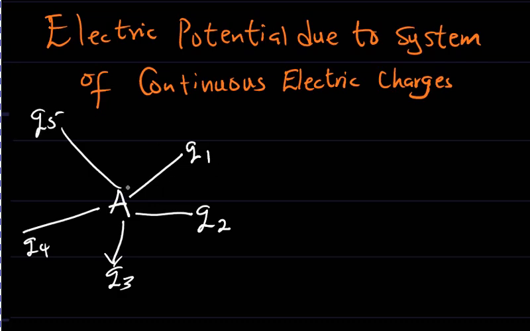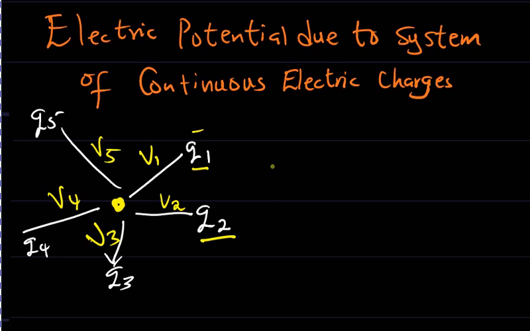So five charges. The work done is going to be done for each of them, Q1, Q2, Q3, Q4, all of the charges. So the electric potential at this particular point is going to be the algebraic sum of the potential due to Q1, which I will call V1, then the potential due to Q2, that is V2, V3, V4, V5.